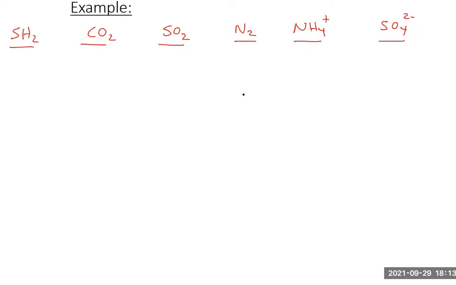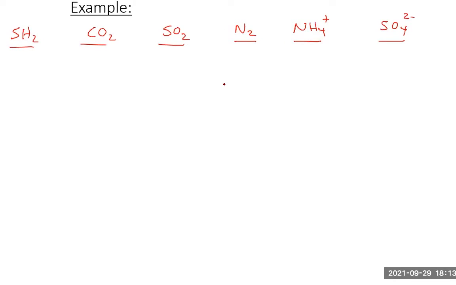Why don't you take a few moments and draw the following: SH2, CO2, SO2, N2, and why not, NH4 plus, and let's do SO4 2 minus. Take a few moments to draw a proper Lewis structure for each of these, and in a few minutes we will take a look and see how you did.